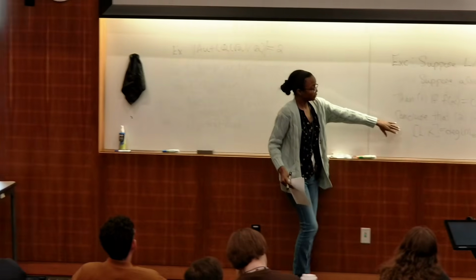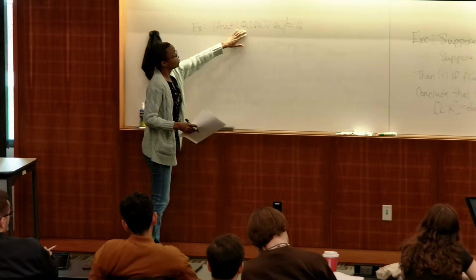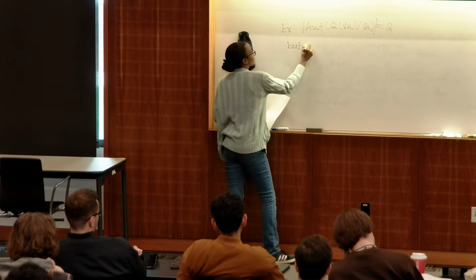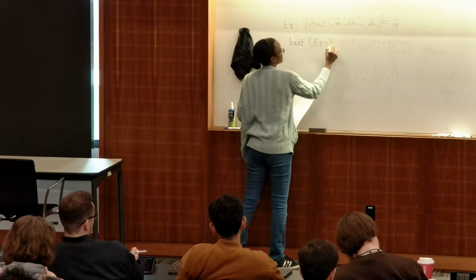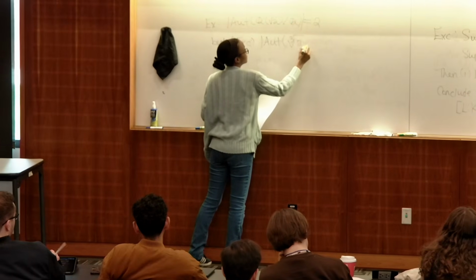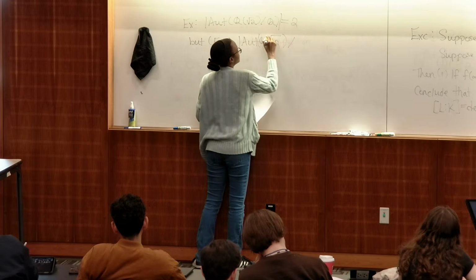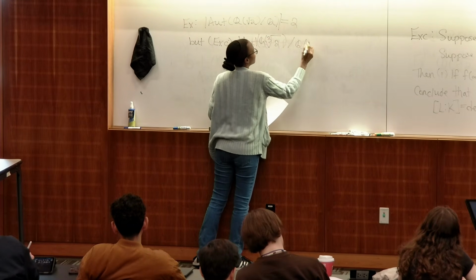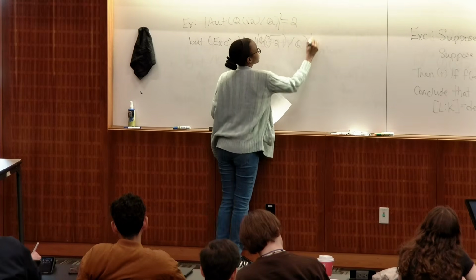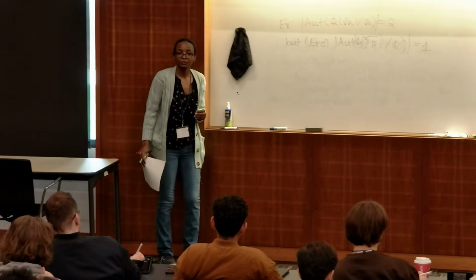So again, this degree gives us a bound on the size of the automorphism group of, in this case, Q adjoin root 2 over Q. But it's an exercise for you to prove that this field extension, where I give myself a cube root of 2 instead of a square root of 2, is the trivial group.